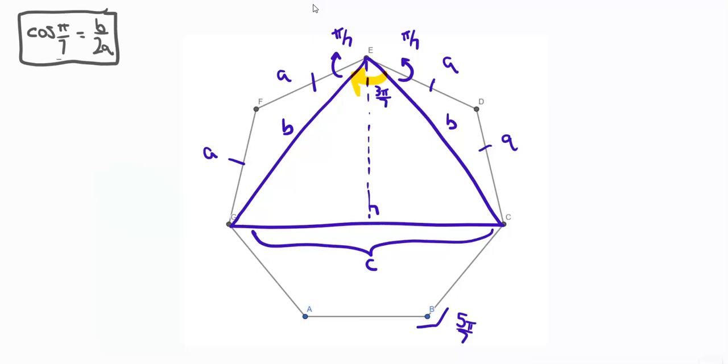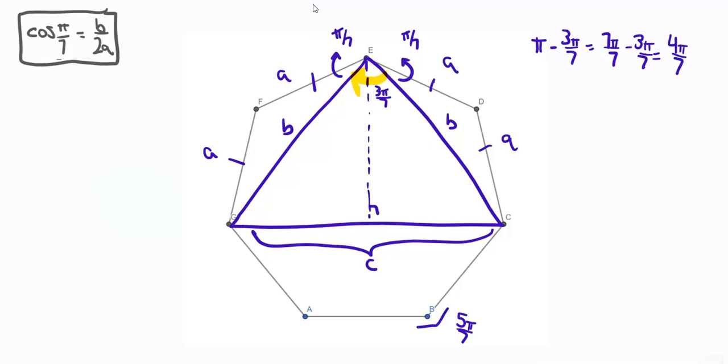Well, the thing is of course, every triangle has pi radians on the inside. It doesn't matter if it's scalene or isosceles or equilateral. What we're going to do is take pi minus that vertex angle of the triangle, 3 pi over 7. Well, again, we get 7 pi over 7 minus 3 pi over 7, and we get 4 pi over 7.